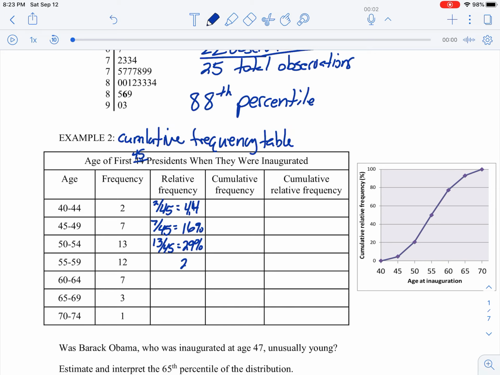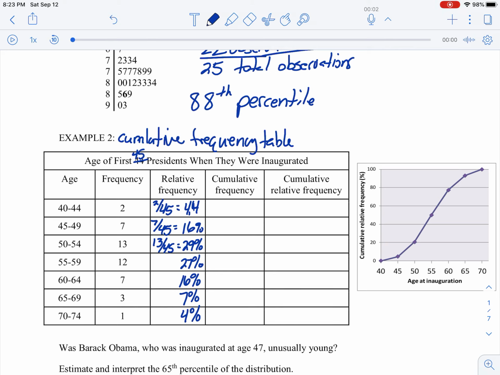Okay, I think you get the picture. So we're just going to copy down the rest of the percents in this column: 27, 16, 7, and we're going to drop that down to 4%. Okay, so that was my relative frequency for each category.